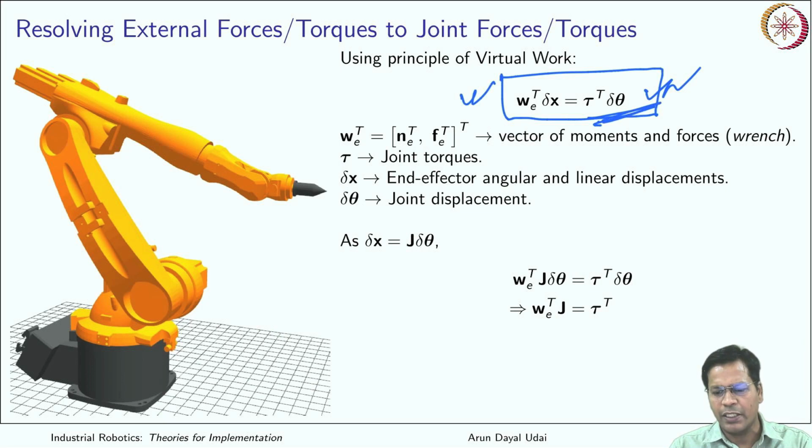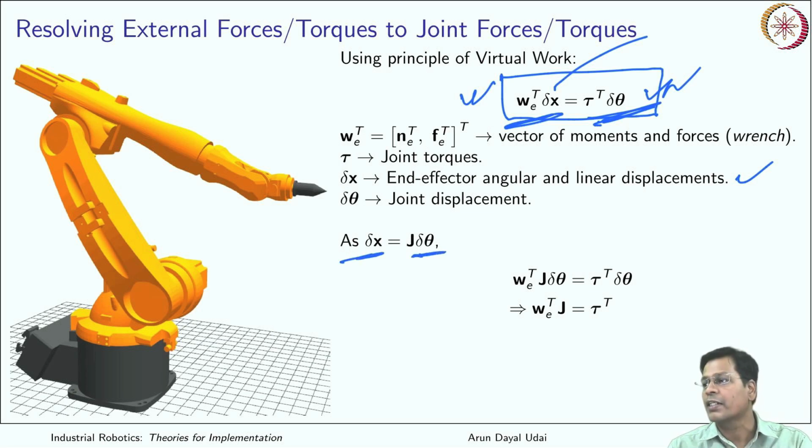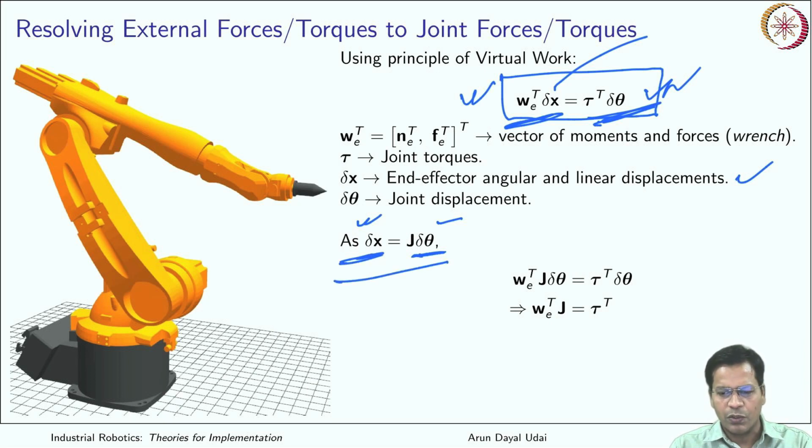It can even be a linear displacement if it is a prismatic joint, whereas this one is your output work done: wrench into the angular and linear displacement array, that is delta x. Got it? Now I am replacing delta x by Jacobian times delta theta. If you remember, your Jacobian relates the joint rates to the end effector rates using this relation. It is a small differential that is here. So I am quickly substituting this into this equation.